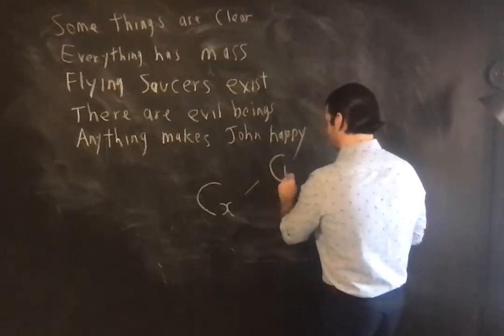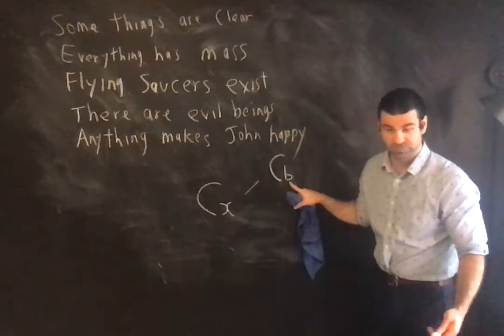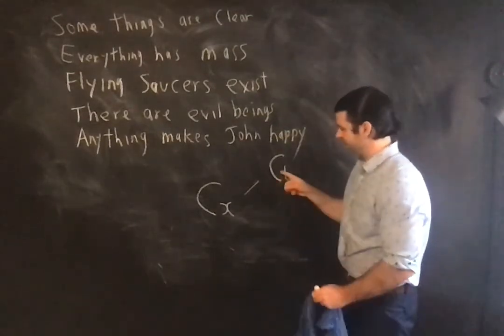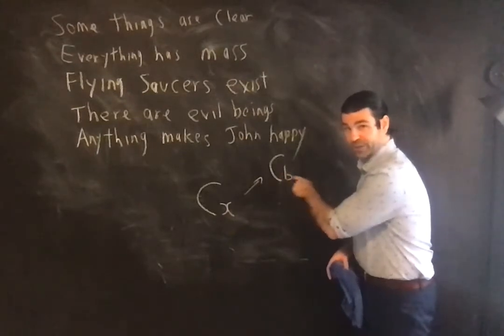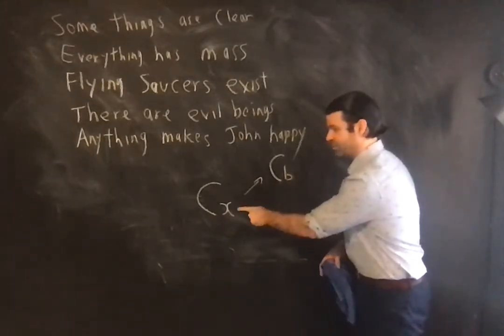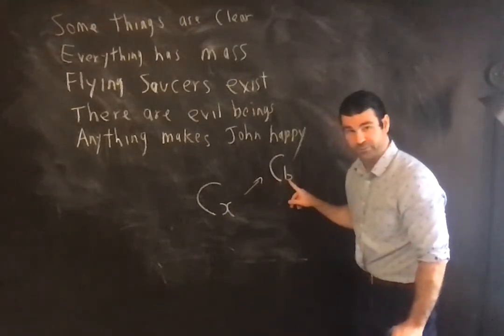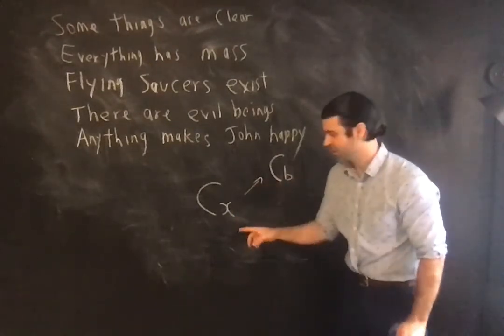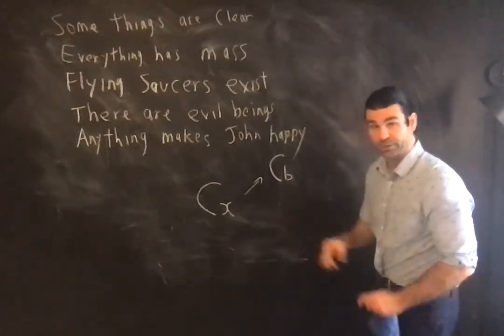Let B be the individual constant referring to this book. Okay, so that's making a sentence. This is incomplete. This is complete. You've made a complete sentence by substituting the individual constant B, which stands for this book, for the individual variable X. But we're not doing that way of completing sentences.